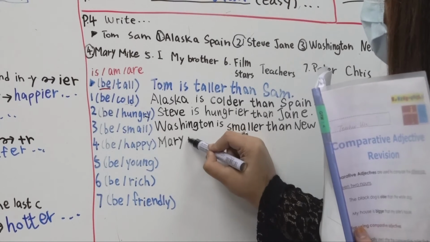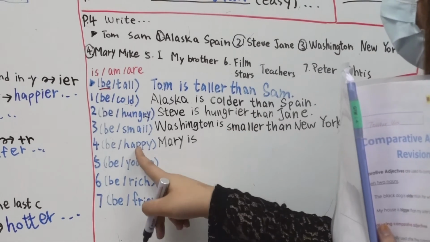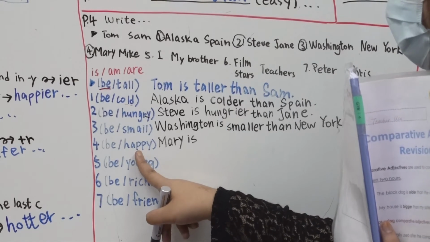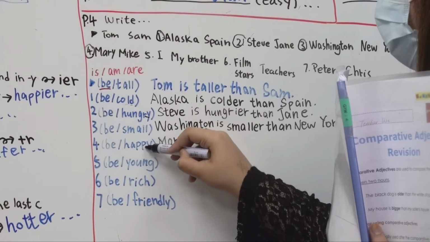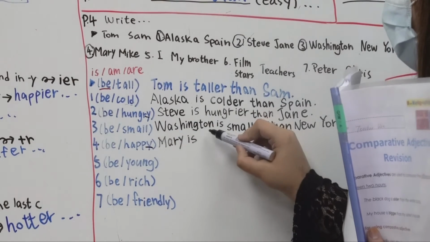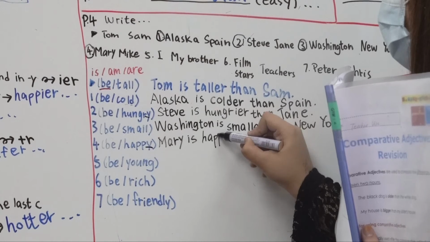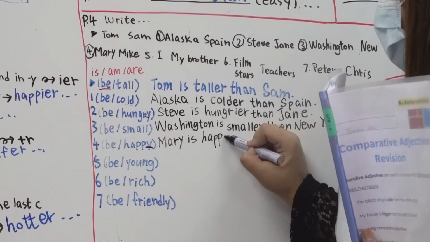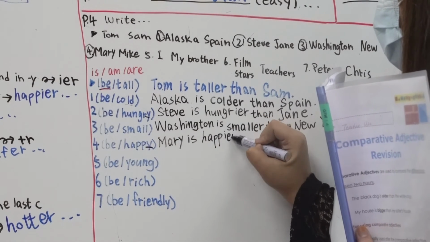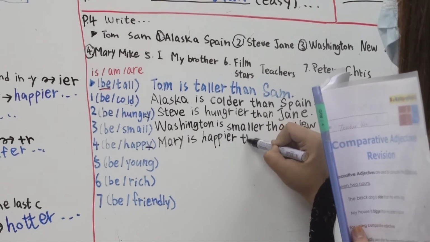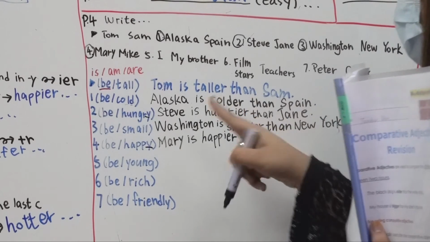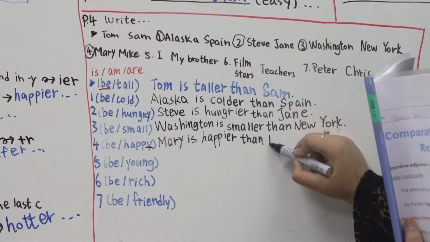Is, of course, right? Here, the adjective given is happy. Again, it ends with Y, so we have to cross out the Y and add I-E-R, right? And then Mike, according to the picture.